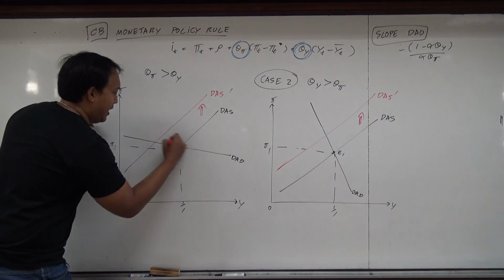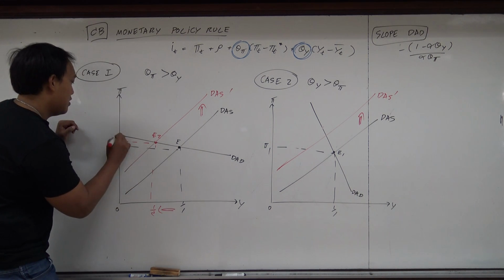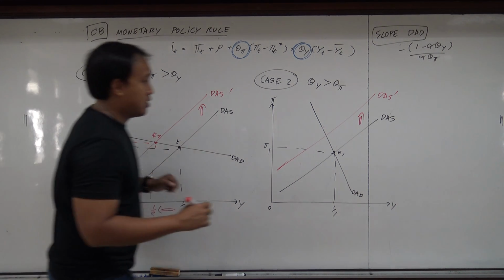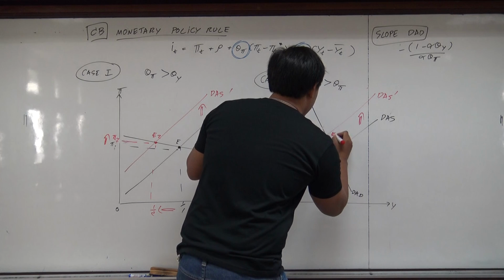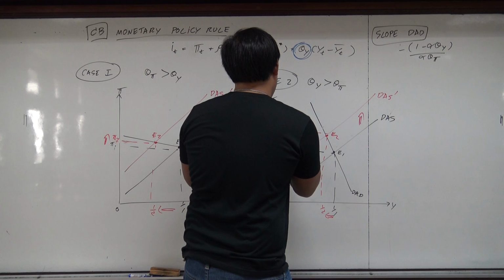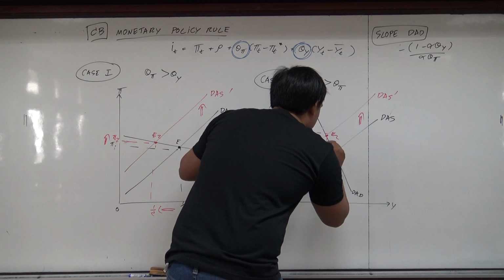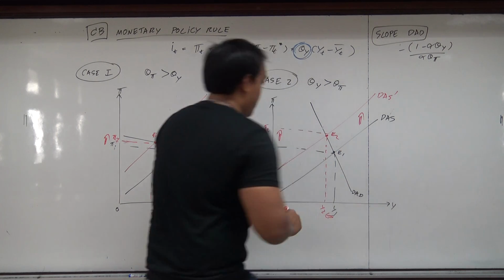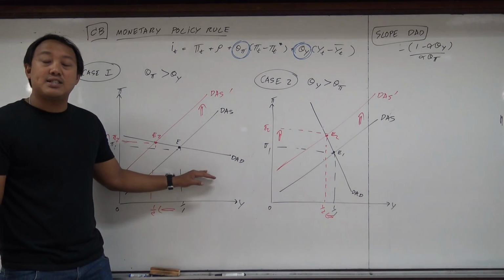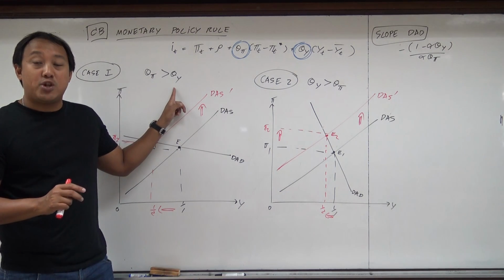As you can see, from E1 to E2. In the first case, the central bank cares about the inflation problem more than the economic slowdown problem.